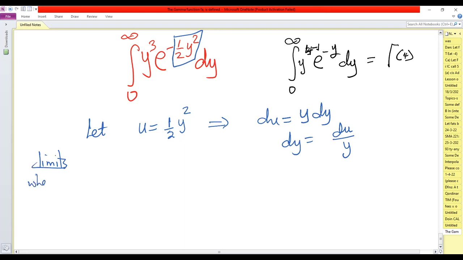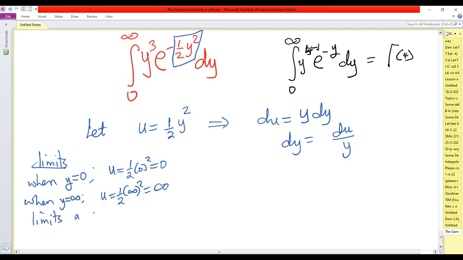When y is 0, then u will be a half times 0 squared, which is 0. And when y is infinity, then u will be a half infinity squared, still infinity. So limits are unchanged. You must always confirm what happens to the limits when you're doing transformations, because in some problems, you will find that when you introduce a new variable, the limits will not remain the same.